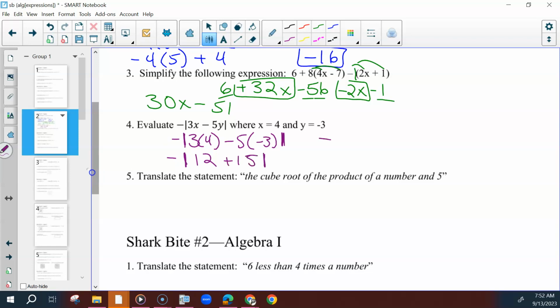Add these together. And then here there's nothing else left to do. So then you would just drop the absolute value and this would just become -1. Questions on that one?